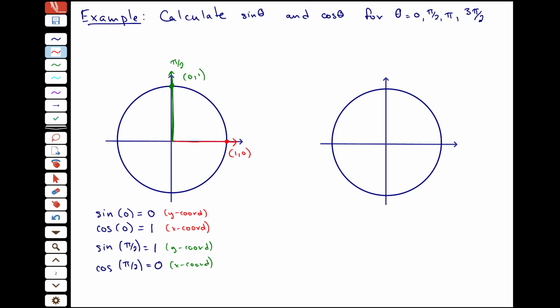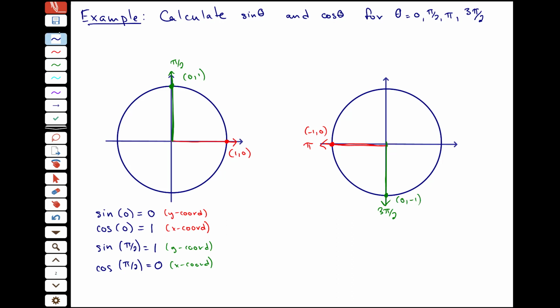Now, if we look at the other two angles, if we look at pi, pi is over here, and the point that we get on the unit circle is (-1, 0). And if we look at 3 pi over 2, that is down here. There's 3 pi over 2. The point on the unit circle is then (0, -1).